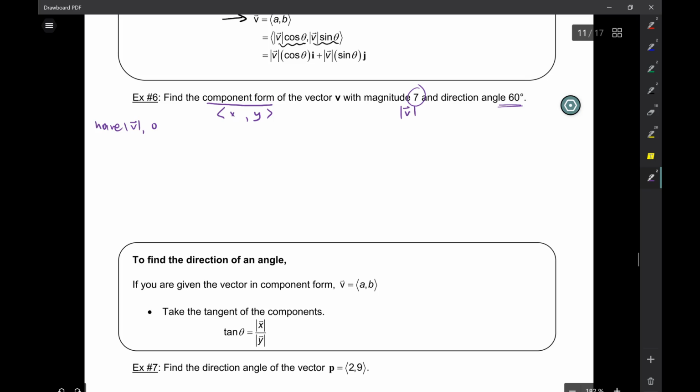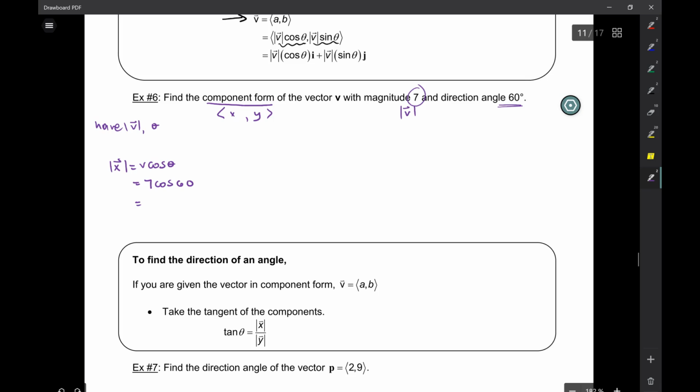So what I'm going to do is find x and y first. So x is equal to v cosine theta. So that's 7 cosine 60.